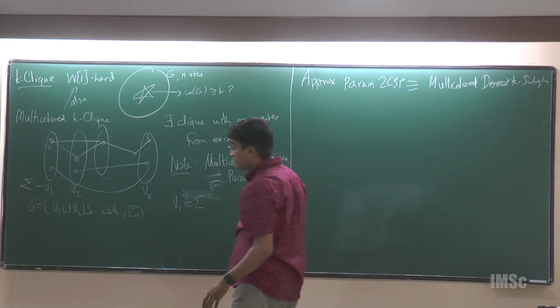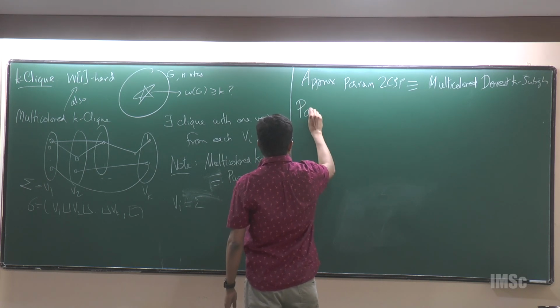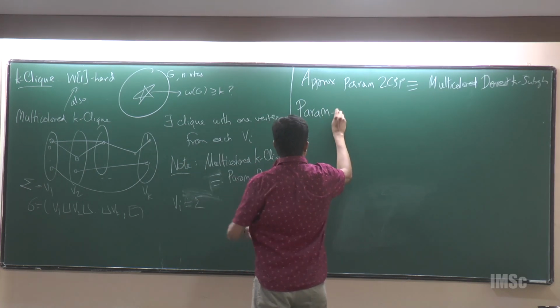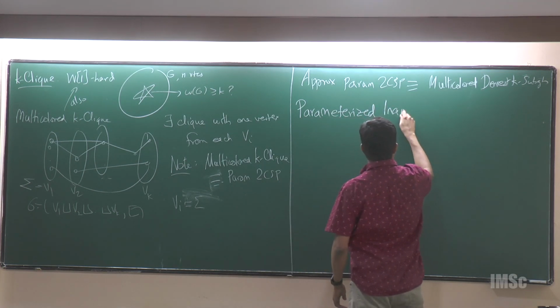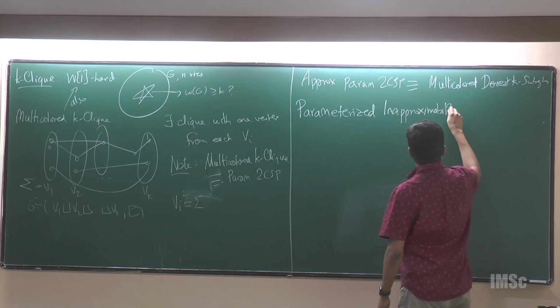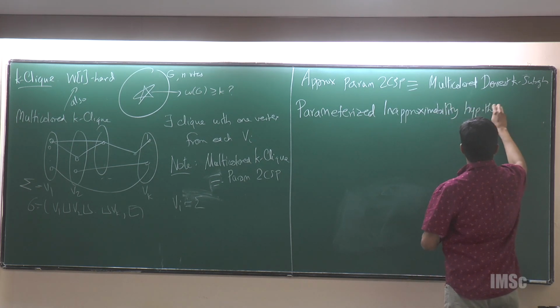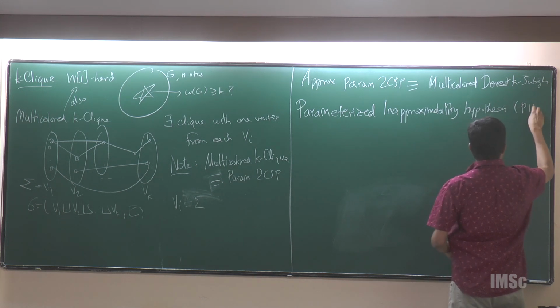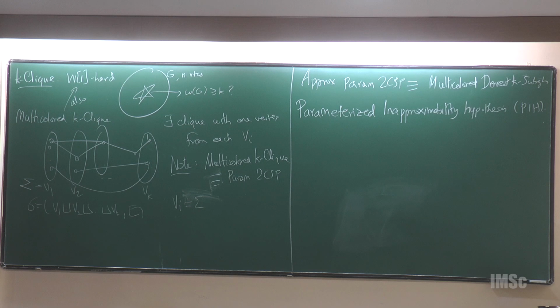So what's the PIH? I'll now finally say the other part of the talk, the parameterized inapproximability hypothesis, which is PIH. And that basically says that there is some constant.